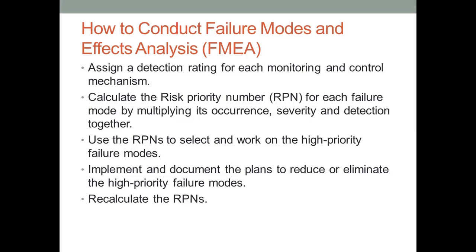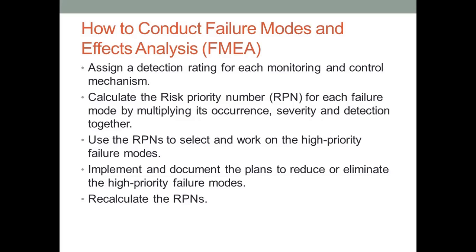So use the RPNs to select and work on the high priority failure mode. So a failure mode having an RPN of 125, for example, 5 times 5 times 5, would carry more weight or more priority than another failure mode with an RPN of 12. So the higher the RPN, the more priority that should be given to the failure mode.